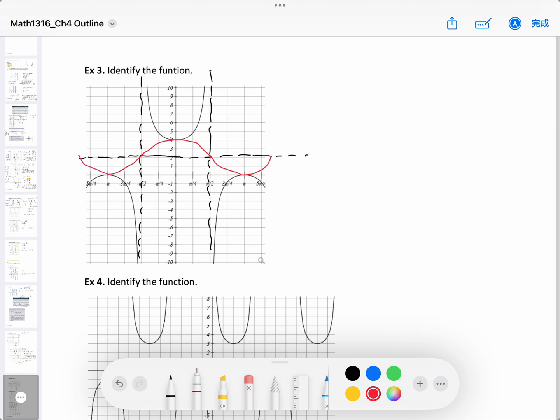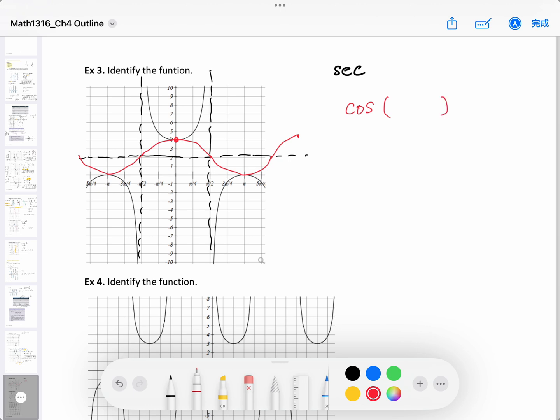Okay, from this graph, can you tell me if it is a cosine function or sine function? Obviously, it's a cosine function. I can keep graphing because I know it's from bump to bump. The cosine function's reciprocal is secant. It must be a secant function. I want to find the cosine first. So this is the cosine function.